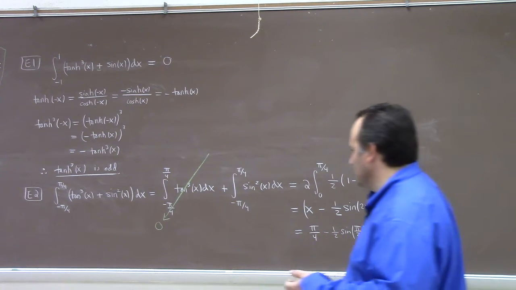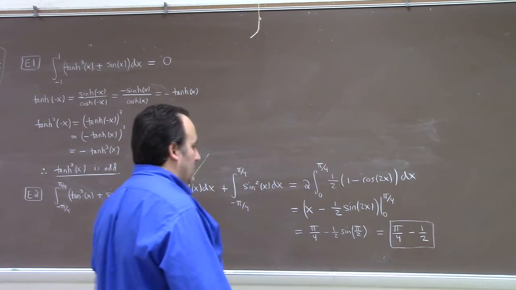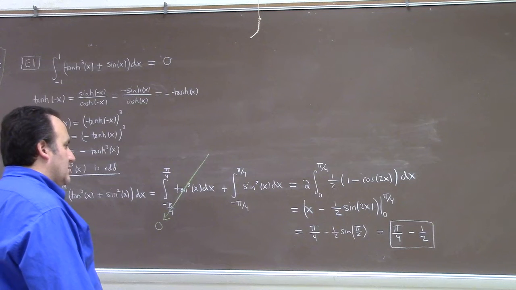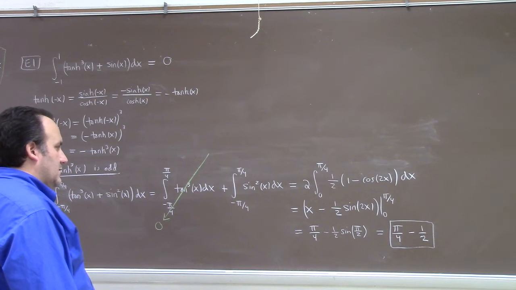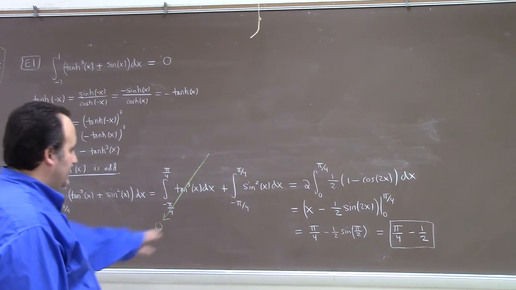Okay. Sine is not 0. Why is this not 0 in the beginning?